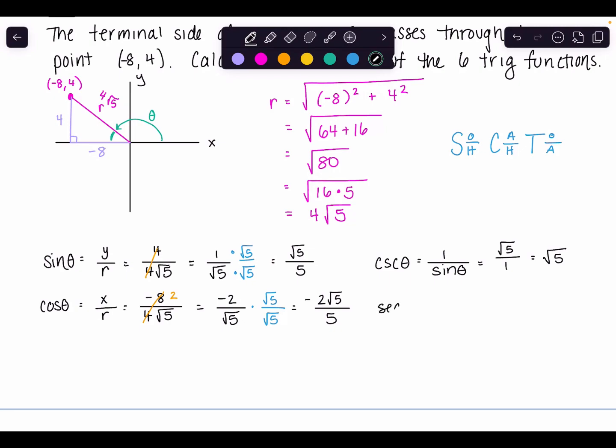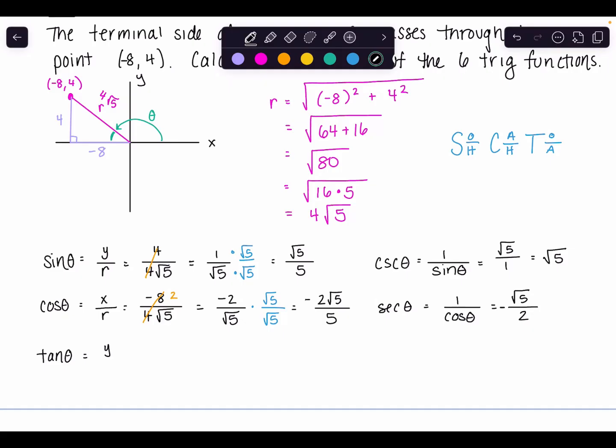So this also tells me immediately what secant of theta is. We flip cosine of theta. And again, I don't want to use this version because that would put the radical back in the denominator. Use the unrationalized. So that gives us root 5 over -2. So really just overall, it's negative. Last but not least, we've got tangent of theta, which is opposite over adjacent.